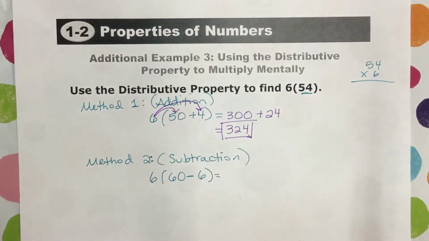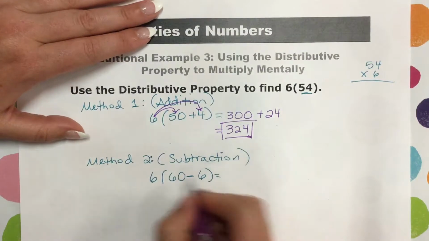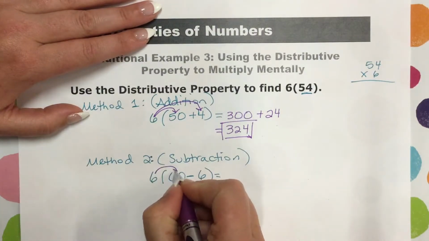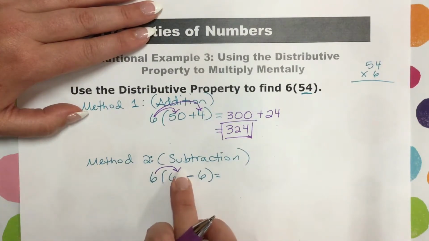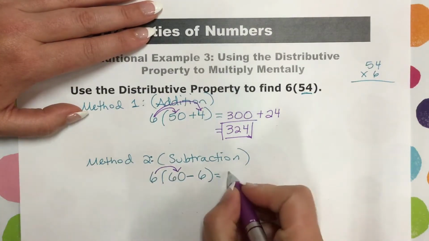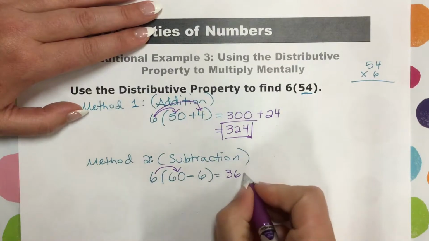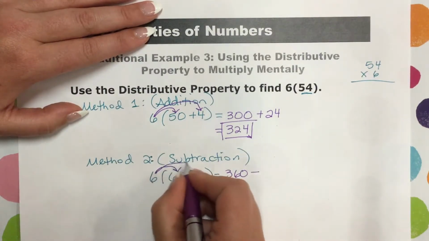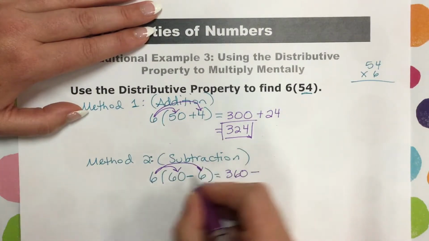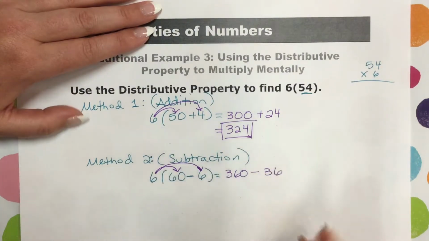Now we're going to use the distributive property here. So when I do the distributive property, I do 6 times 60, which, using my little 0 rule, 6 times 6 is 36 and add the 0, so it's 360. And then minus 6 times 6, which is 36.